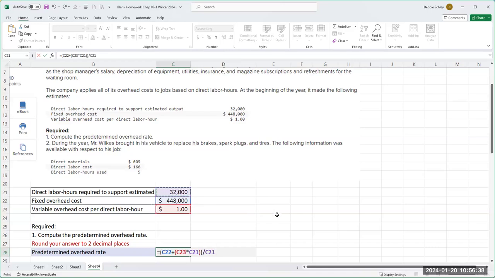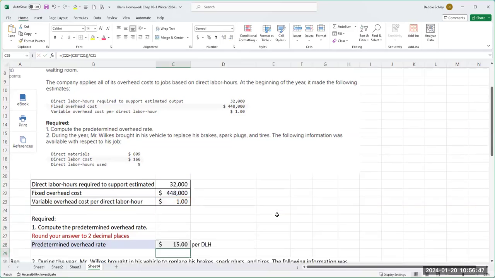Okay, I think I got enough parentheses. I think I did it all in the right order to get all the way to the predetermined overhead rate.